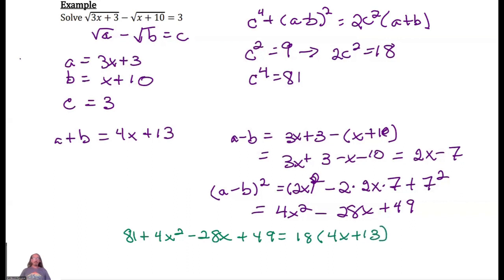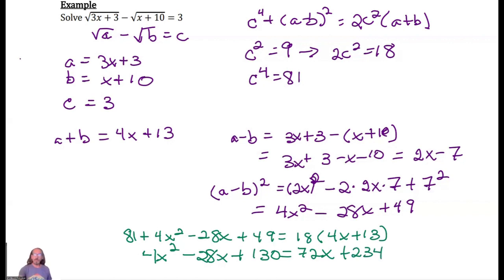Combine our like terms over here. 4x squared minus 28x. 81 plus 49 is going to be 130. Distributing on the right-hand side, 18 times 4 is 72. So 72x plus something. 18 times 13 is 234.